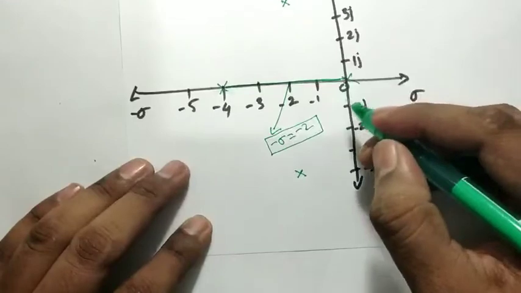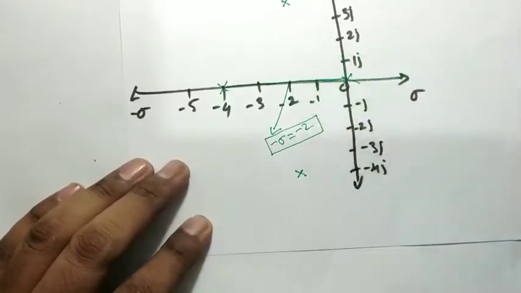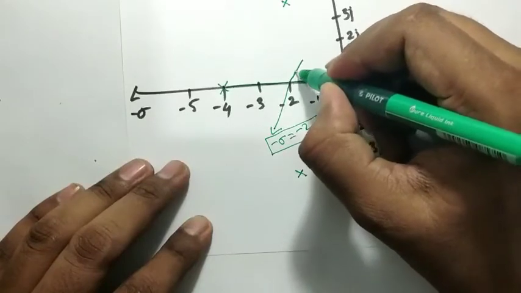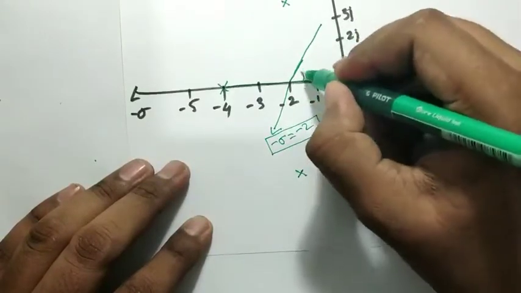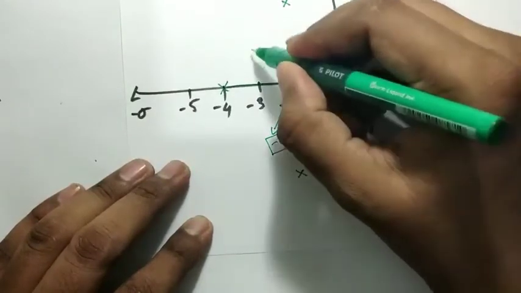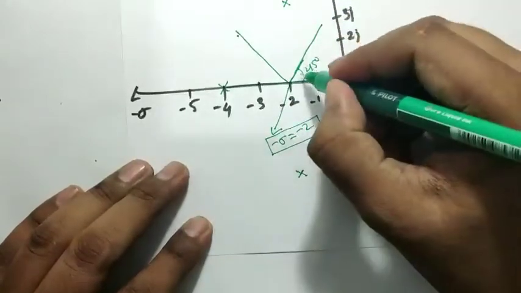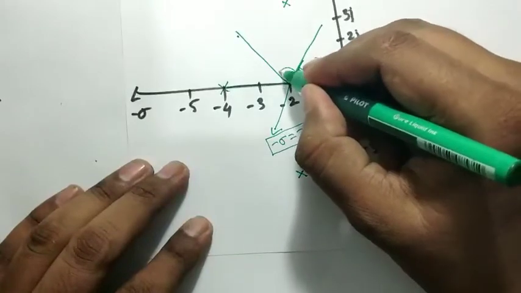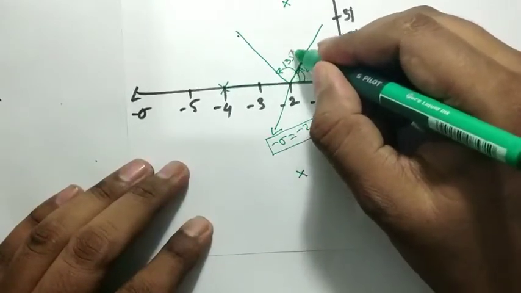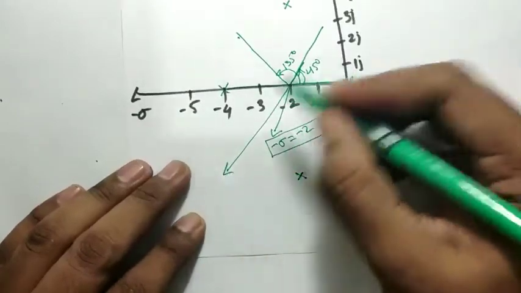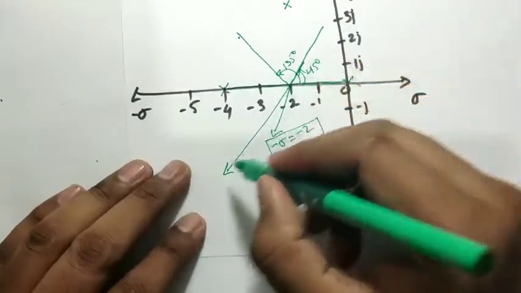So your angles of the asymptotes: one is moving at an angle of 45 degrees, right? Another one is 135 degrees, and another one is 225 degrees.